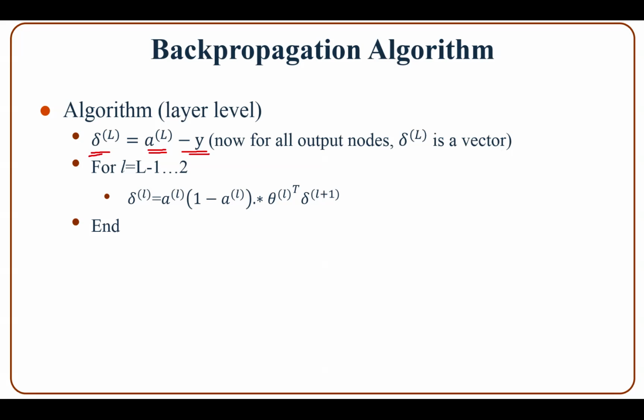And then we go back to all the previous layers, starting from layer L minus 1 back to layer 2, and compute all their errors made at that specific layer for all the nodes. So delta L here is a vector containing all the errors made at layer L for all the nodes in that layer. And this is what we saw before in the previous slide.